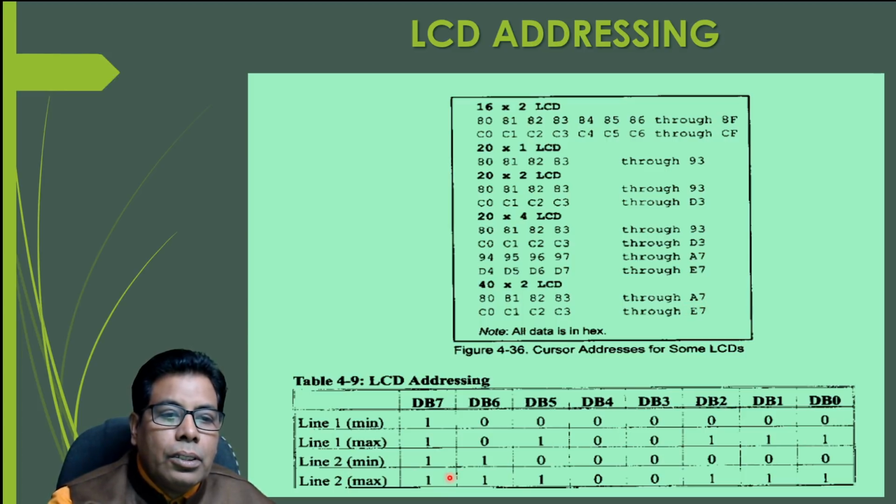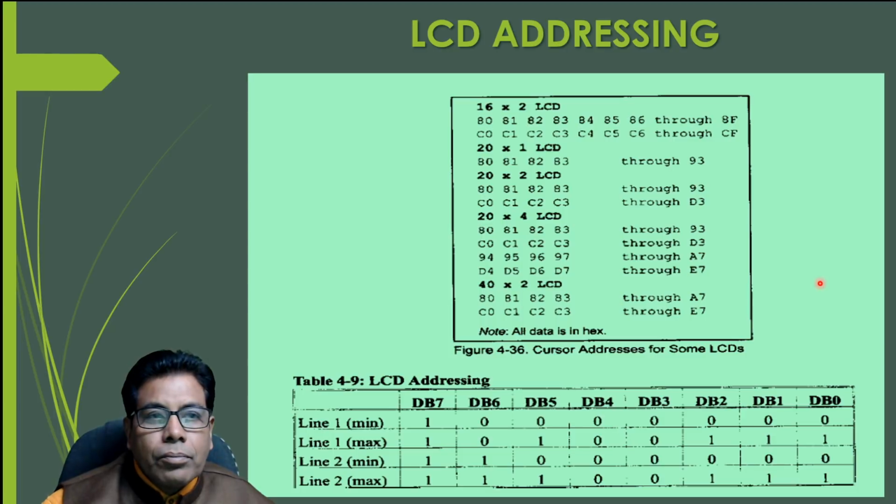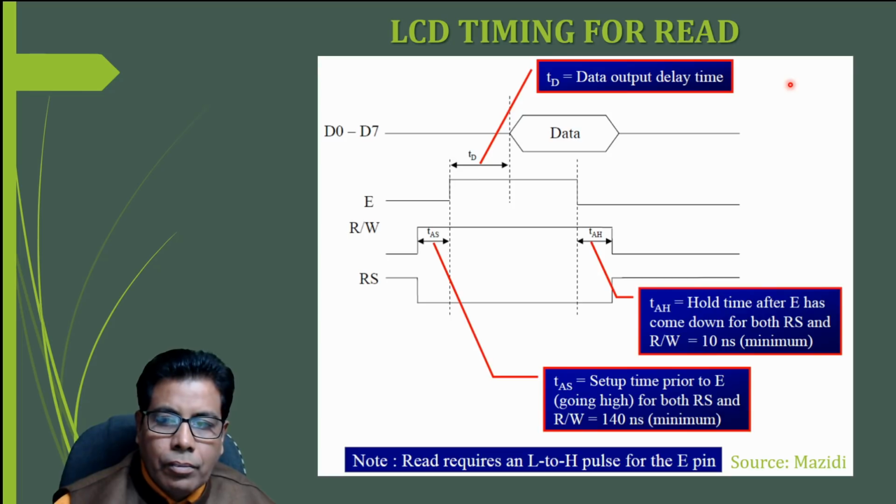Line 2 will start from C0, which is 1100 0000, and the last maximum will be E7, that is 1110 0111. So that is how the address for a particular position in the display is given here.